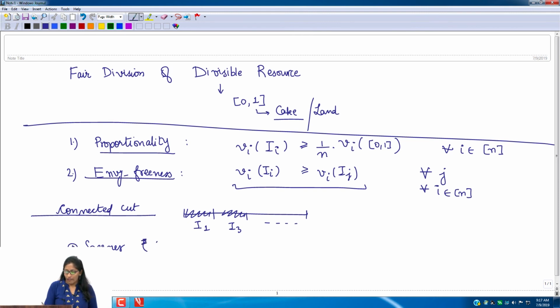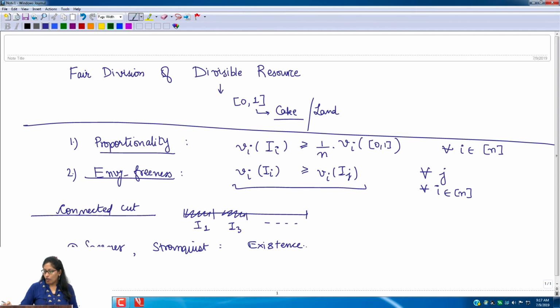So we have an existence result via two researchers, Sperner and Stromquist. They both show the existence of a connected envy-free cut for all n.